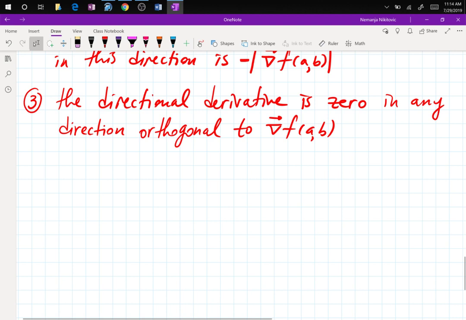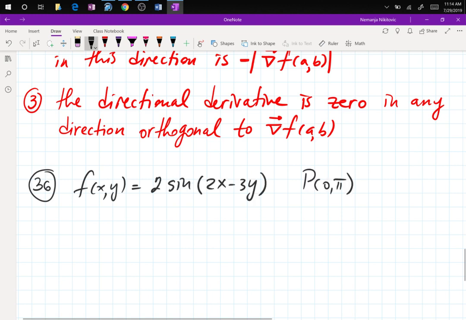Directions of steepest ascent and steepest descent. Looking for something beautiful like 36. You're going to enjoy this. f(x, y) is 2 sine.